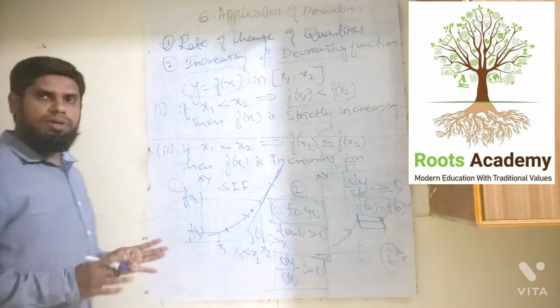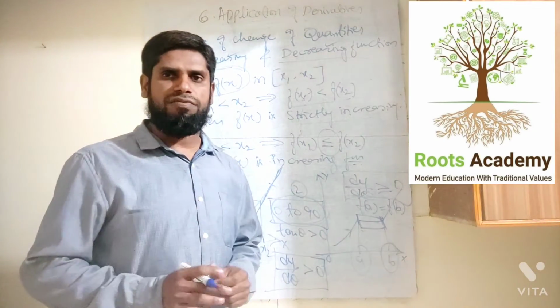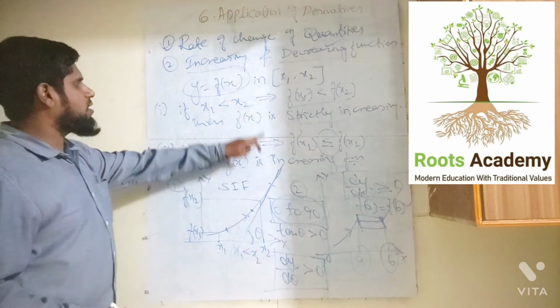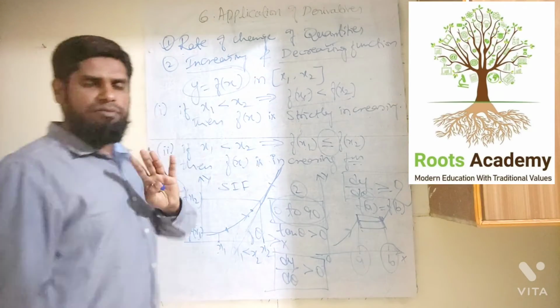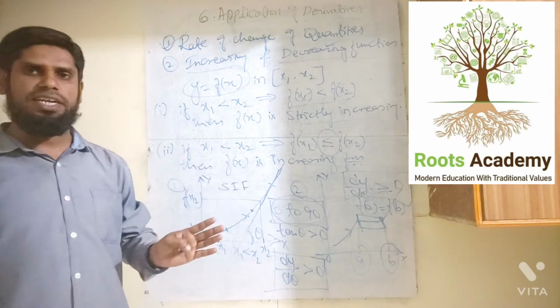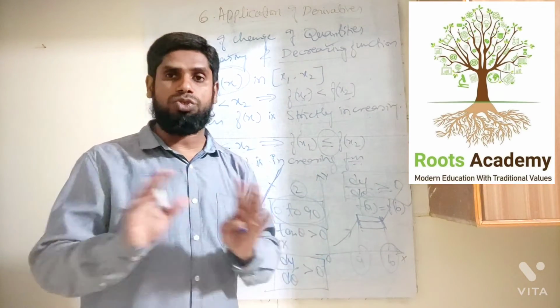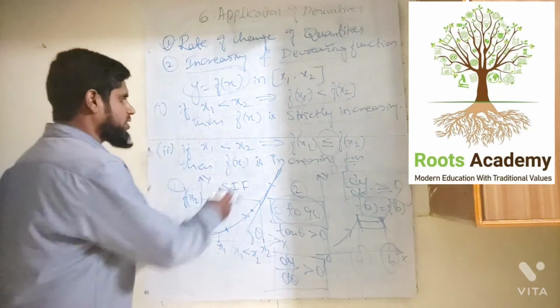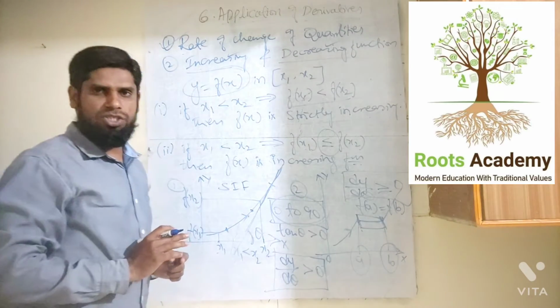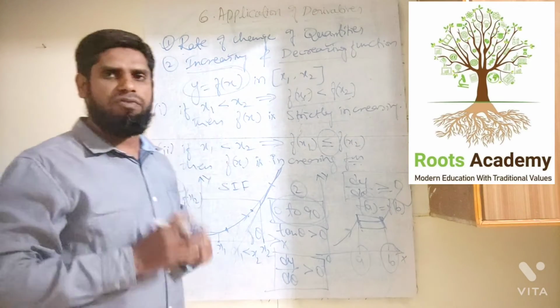So student, this is about the increasing and strictly increasing function, but both are a little bit similar. No need to worry about that. Are increasing and strictly increasing totally different functions? No student, both are logically equivalent, approximately equal functions.